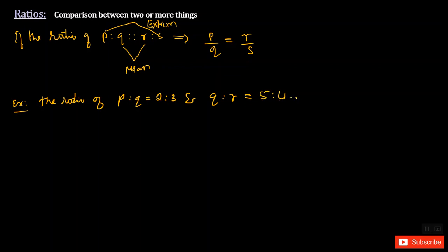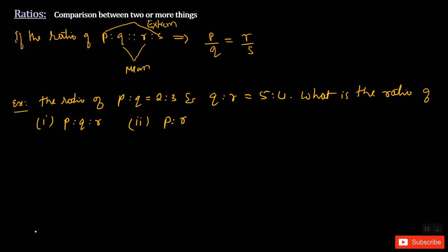Now, what is the ratio of P is to Q is to R, and they may also ask you what is the ratio of P is to R. So there are two different ways to solve this type of question. I'll show you both, and whichever you are comfortable with, you can follow that, right?